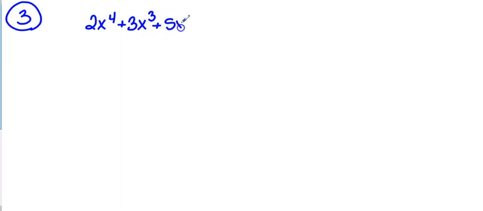So this is going to be example 3. We're going to be doing 2x to the 4th plus 3x cubed plus 5x minus 1, and we're going to be dividing by x squared minus 2x plus 2.